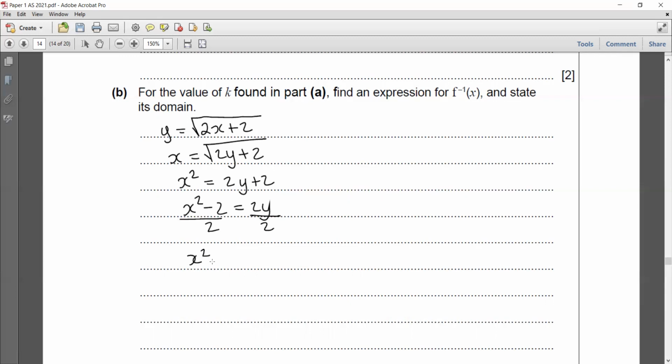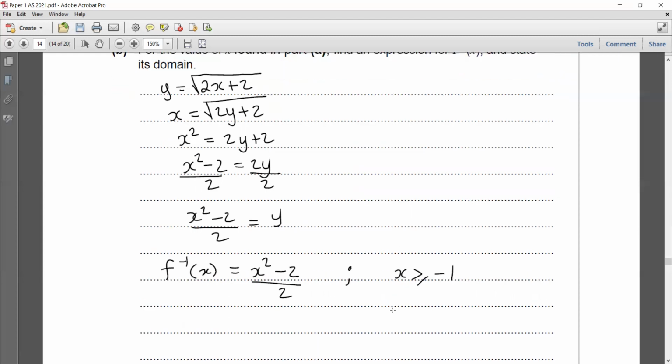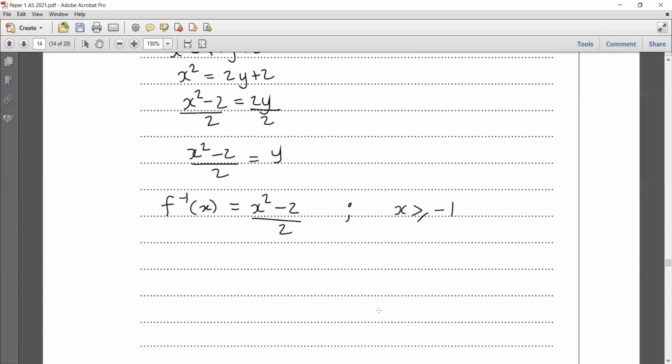So we have x squared minus 2 over 2 is equal to y. So then our f inverse of x is x squared minus 2 over 2. And of course, keeping the restriction of k that we got above, x is greater than or equal to negative 1.